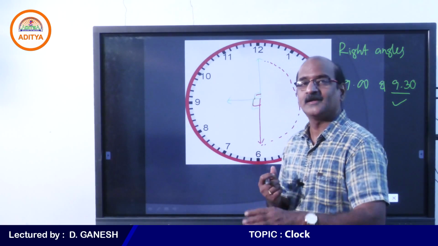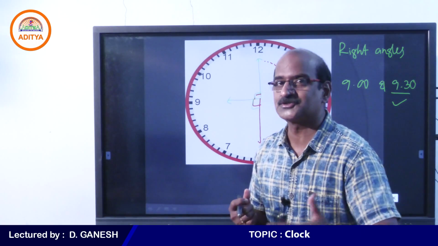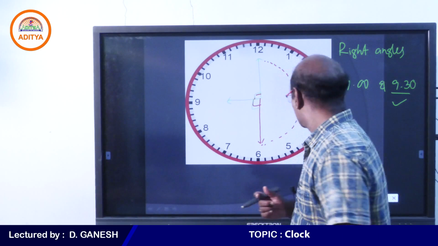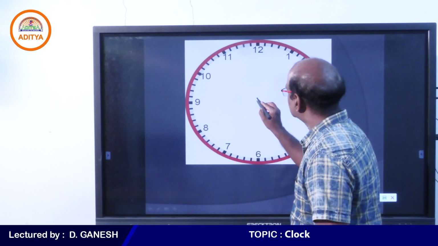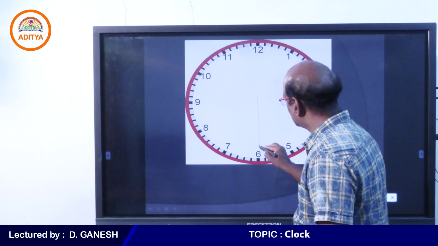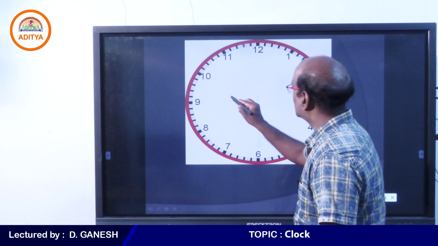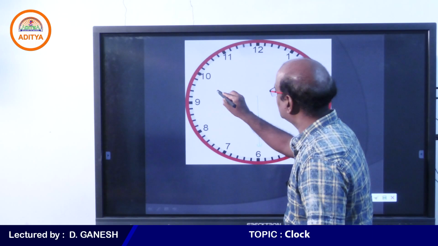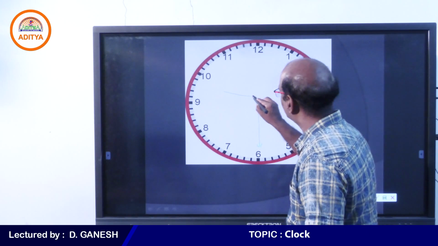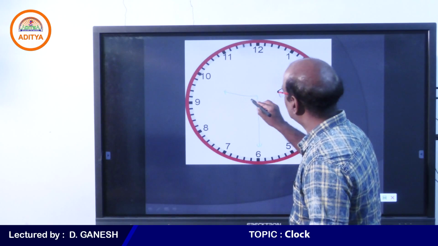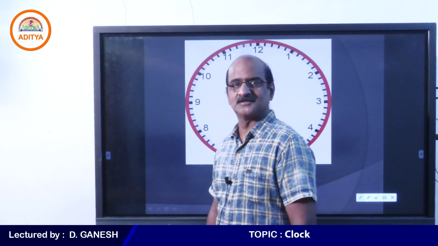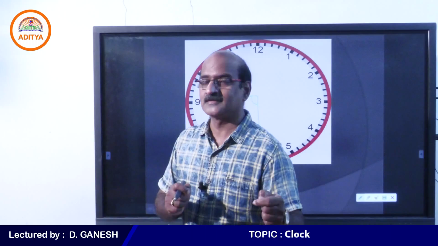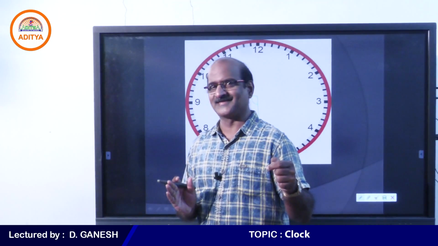Very good. It is close to 9:30, right? That point is very good, because at 9:30 the minute hand will be absolutely on 6, but the hour hand will be somewhere between 9 and 10. Therefore, the point you raise is correct. It is not right angles. So it is close to 9:30, away from 9:30.